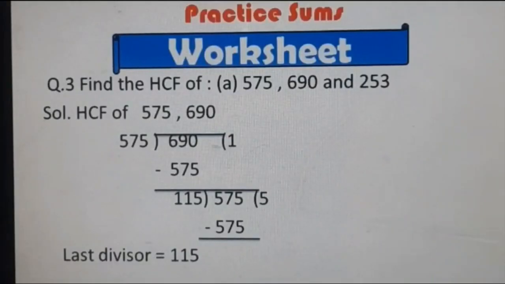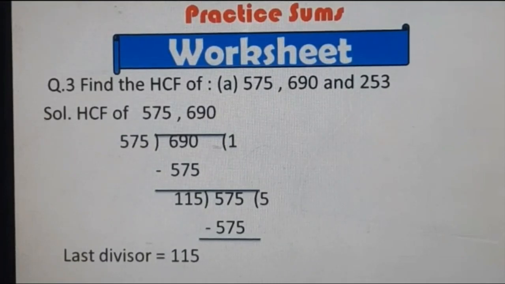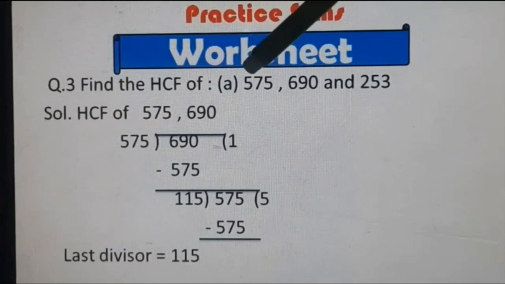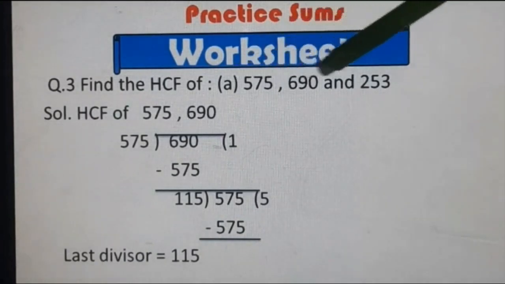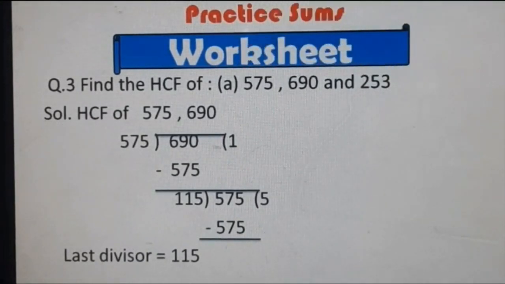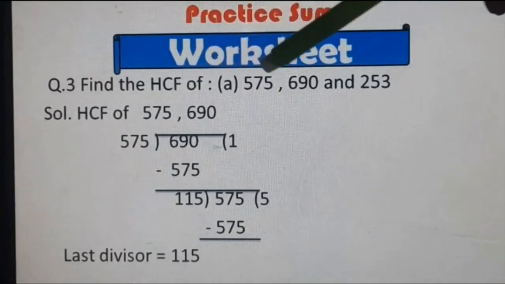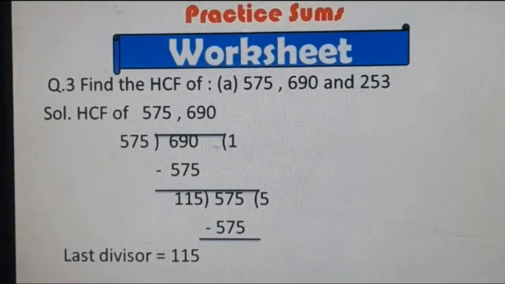Now we will take some practice questions from our worksheet. Question number 3 is given in our worksheet. Find the HCF of 575, 690 and 253. So 3 numbers are given, and we will first take any 2 numbers. So we are taking 575, 690.